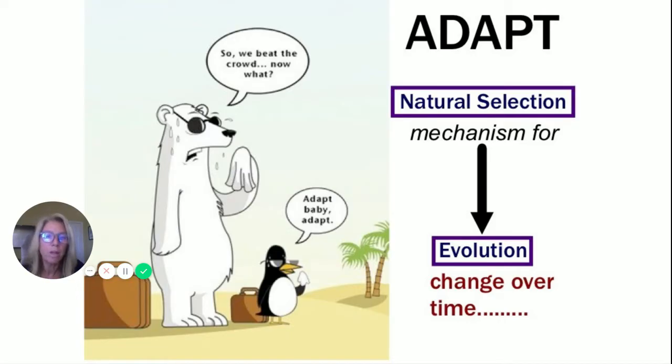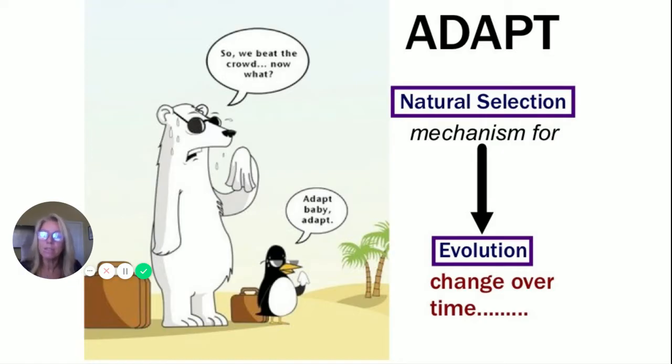So descent with modification. Now, there are several contributors to biological evolution, but one major mechanism, probably its greatest contribution, that we're going to go with is natural selection. So what do you hear in natural selection? I hear nature, exactly. So nature is selecting what traits, what adaptations are best suited for that environment.